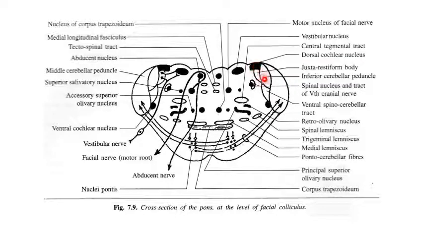The part of the inferior cerebellar peduncle beneath the dorsal cochlear nucleus is known as the juxtarestiform body, and it specifically contains incoming and outgoing fibers between the vestibular nerve and nuclei and the cerebellum. So that completes the entire section of the pons at the level of the facial colliculus.